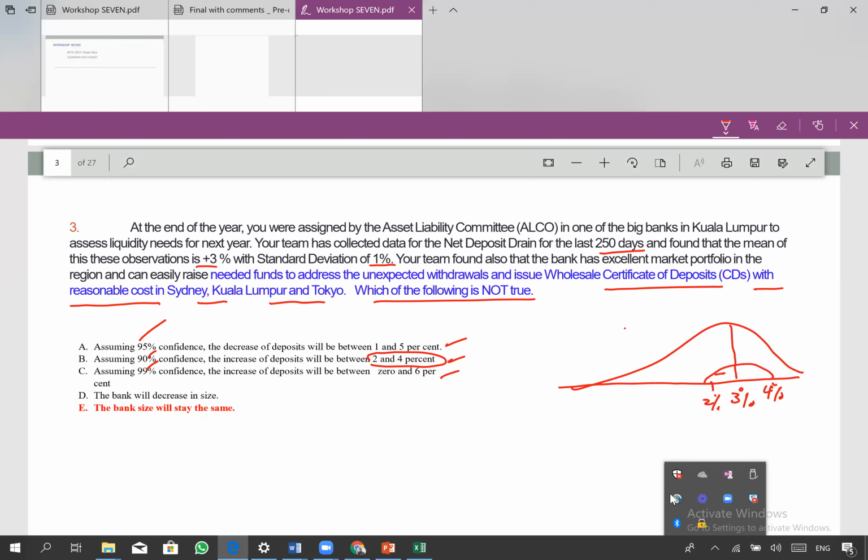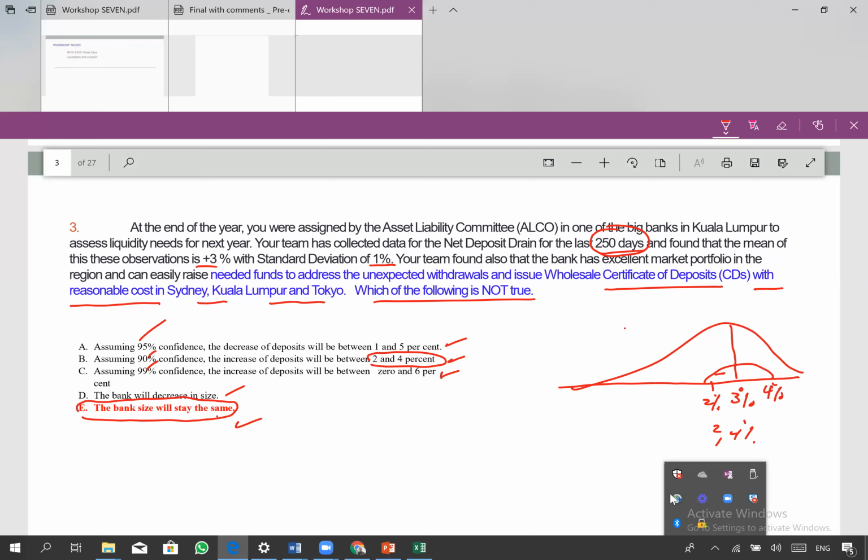So all of what happened during this 250 days, the drop of 2 and 4%, will be compensated by issuing those certificates of deposits. And so all those statements, there will not be a decrease or increase in the deposits, and therefore this statement is the right one. Even this one, the bank will decrease in size. It will not decrease in size, it will stay the same.